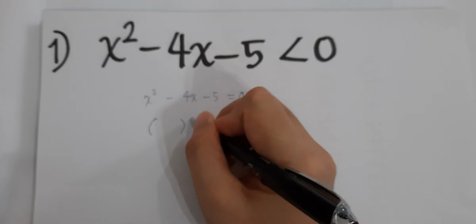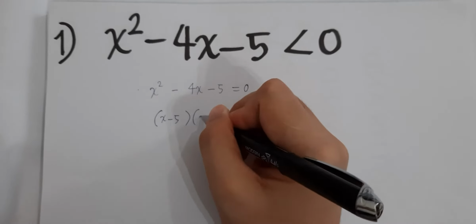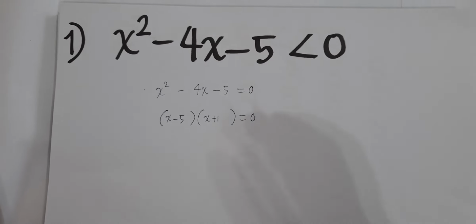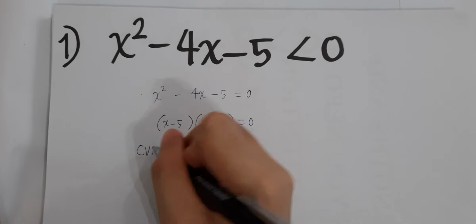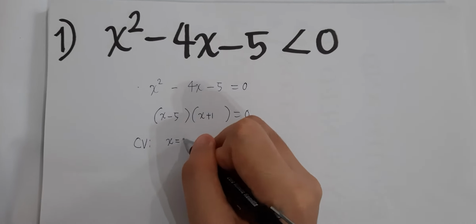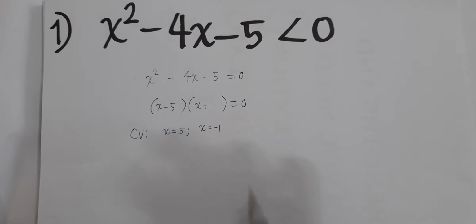The factors for this will be x minus 5 and x plus 1. Hence, equating each by 0, your first value is 5 and your second value is minus 1.